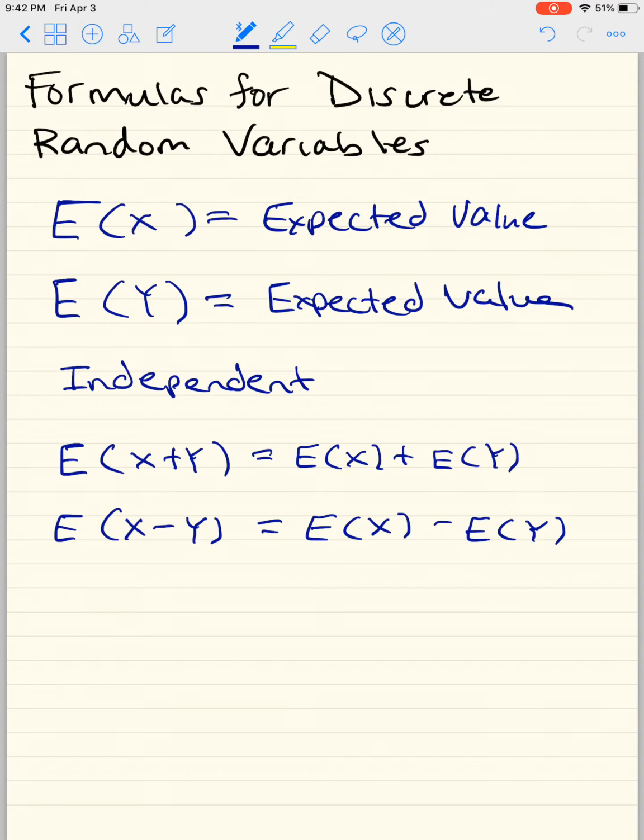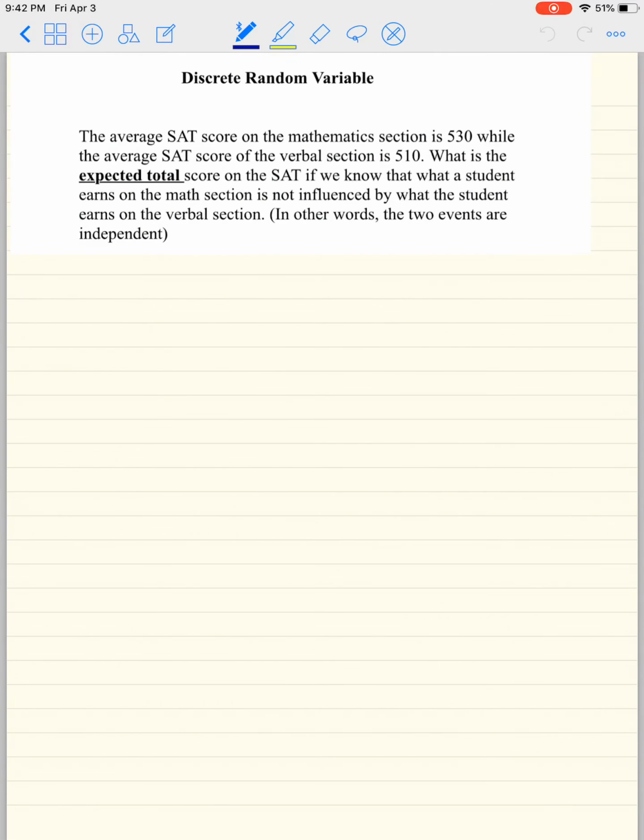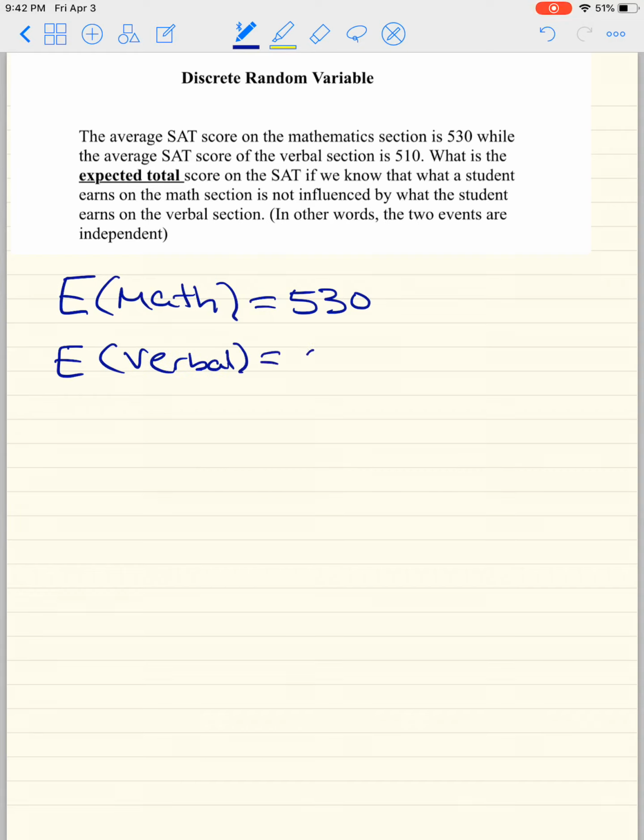So let's take a quick look at an example. The average SAT score on the mathematics section is 530. So I'm just going to represent that with E of math is equal to 530. While the average SAT score of the verbal section is 510.